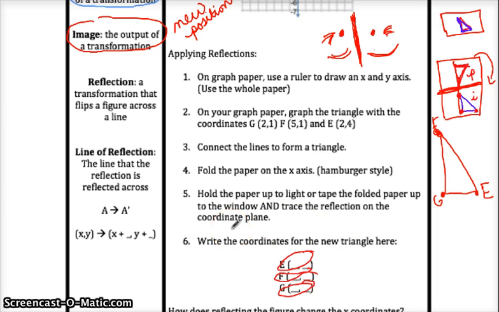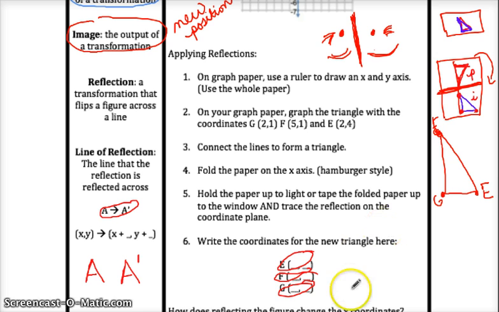Okay, and then the last thing you need to know for this lesson, for this page at least, is this notation right here. For this notation, A represents the original image, and A with a dash represents the changed image.